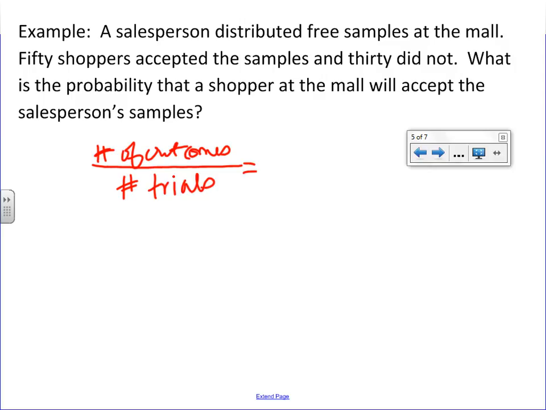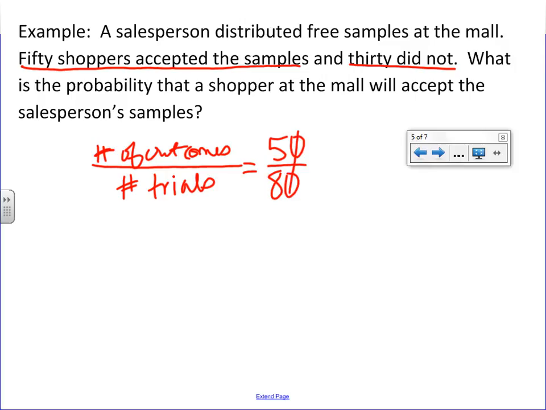So it says that 50 shoppers accepted the samples and 30 did not. Well, we want to know how many accepted, so we say 50 shoppers accepted over the total number of shoppers that walked by. 50 accepted, 30 did not, so we had a total of 80 shoppers.